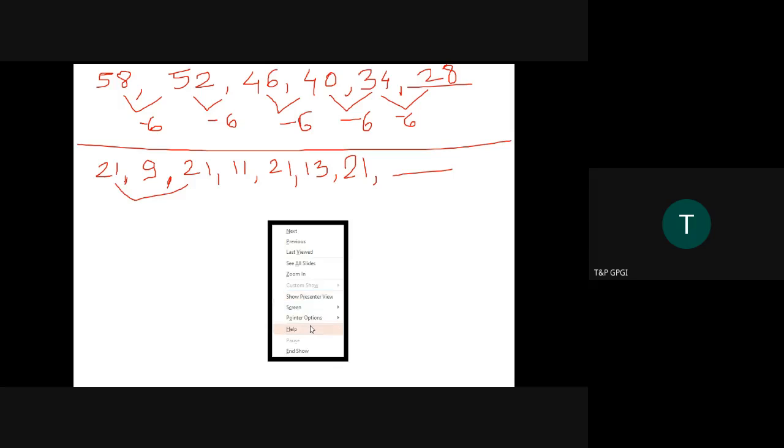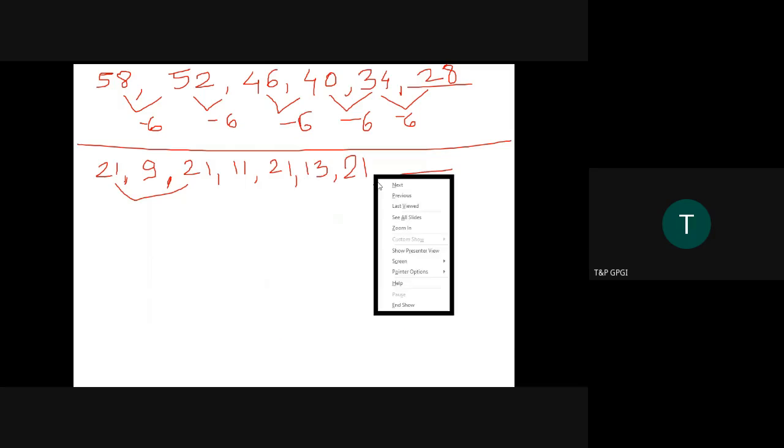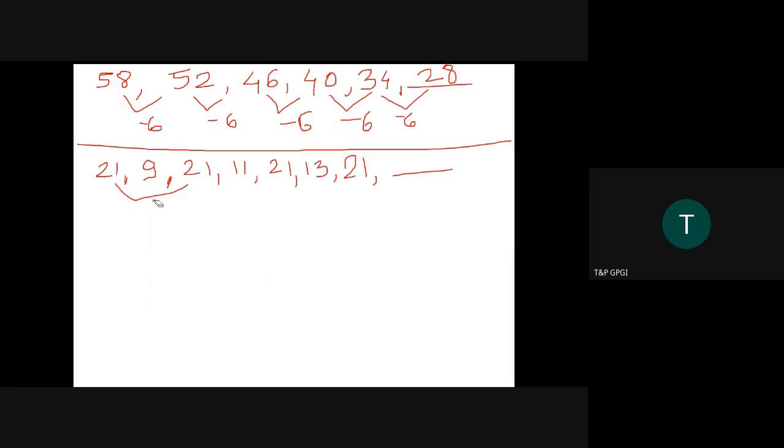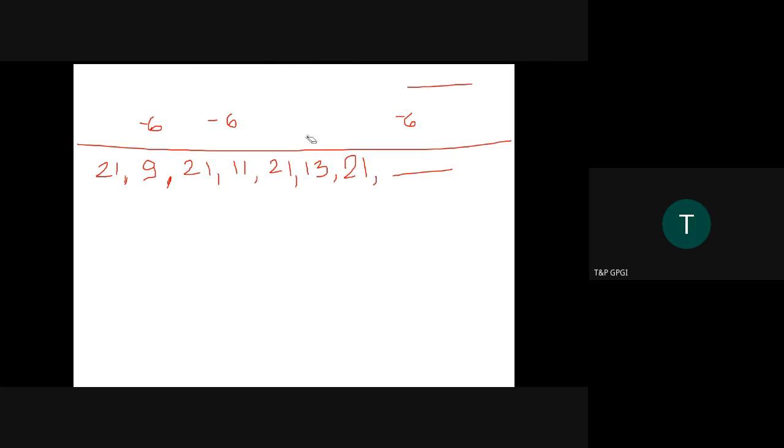Now see over here, if you look at this question, you can see alternately in this repeating series, 21 is coming repeatedly, and you can also say that it has been interpolated after every other number, and therefore we'll only pay attention to the alternate numbers.